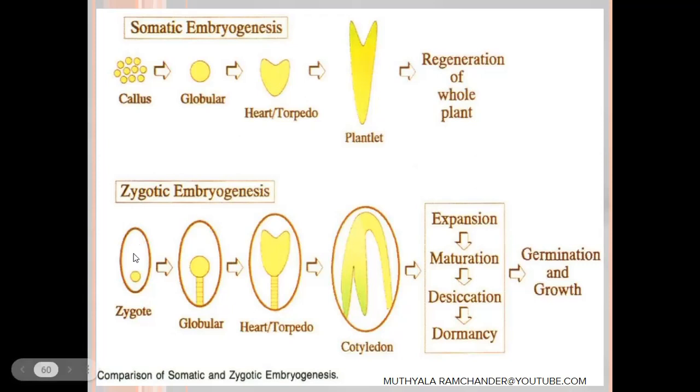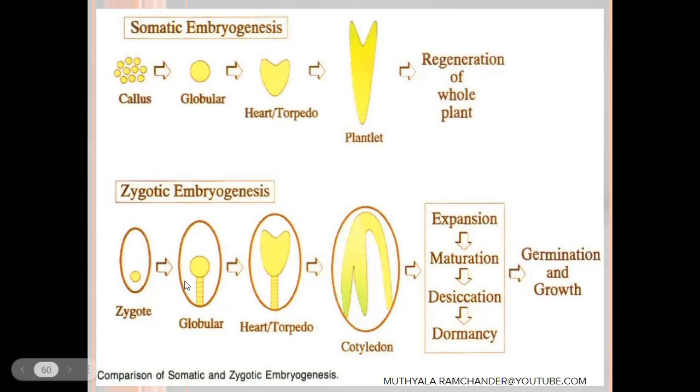The primary endosperm nucleus is formed by the fusion of male gametes and secondary nucleus. Finally, the primary endosperm nucleus develops into endosperm. These two types of tissues, endosperm and perisperm, provide nutrients to the zygote. So the zygote naturally receives nutrients from the endosperm or from the perisperm.